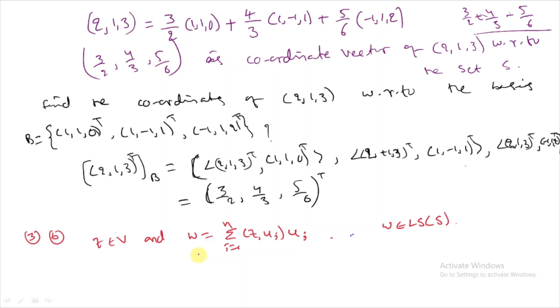See now we have to prove this is orthogonal. We are writing Z equal to W plus (Z minus W). The Z minus W is orthogonal. So now proving this one, note that suppose we take k between 1 and n.